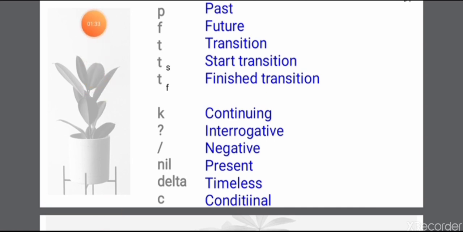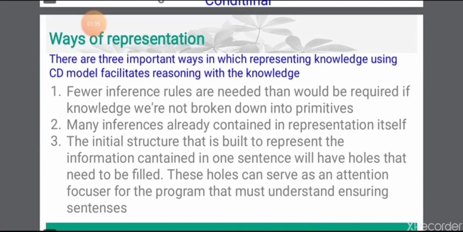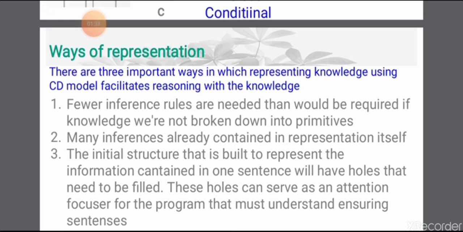see, there are three ways by which we can represent knowledge using the conceptual dependency model, so that it should facilitate reasoning with the knowledge. The first way is that fewer inference rules are needed than would be required if knowledge were not broken down into primitives.